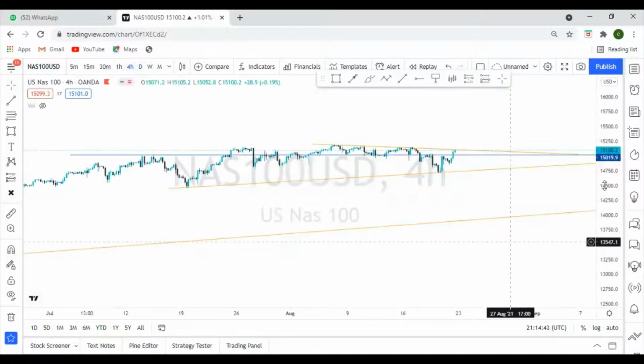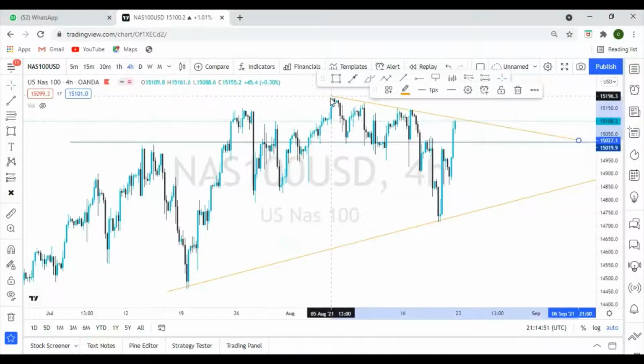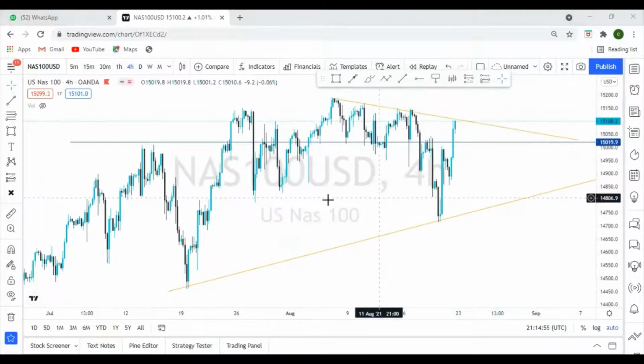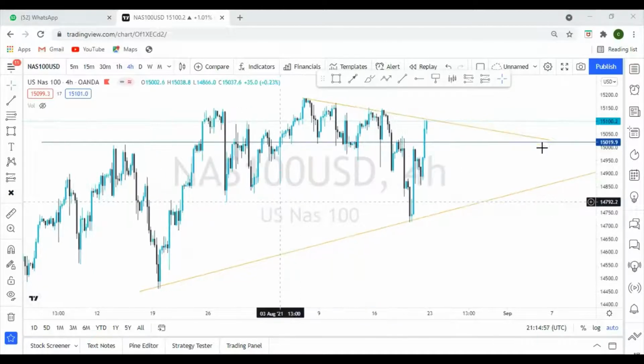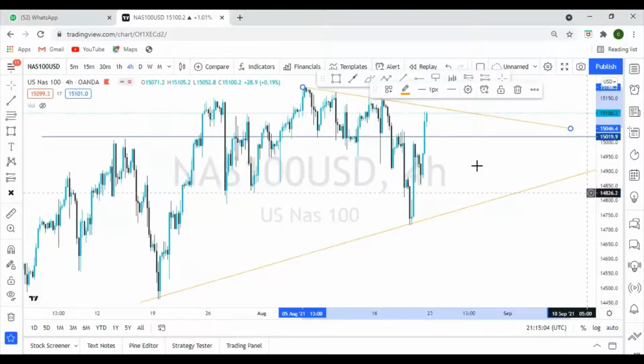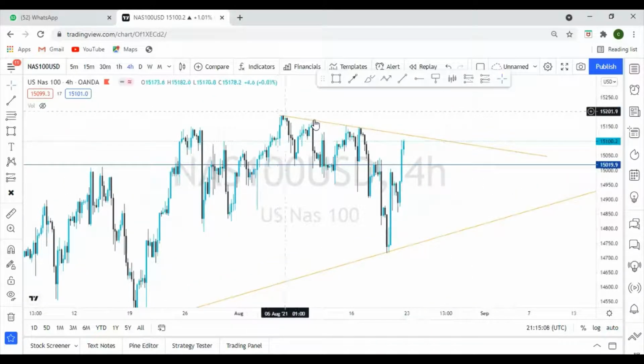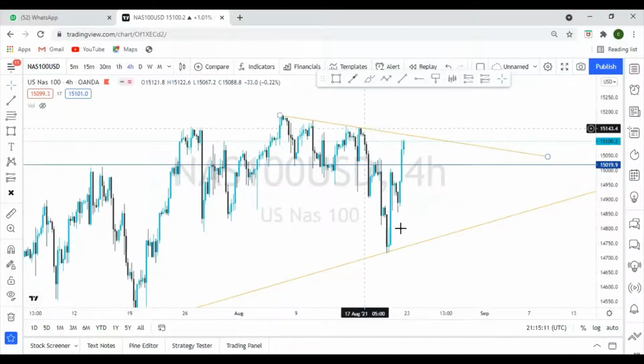So let's go to the 4-hour time frame, which tells us we are pushing to the upside. We have reached some kind of overall momentum on our trend line. We had a first touch, second touch, and on our third touch we sold rapidly.